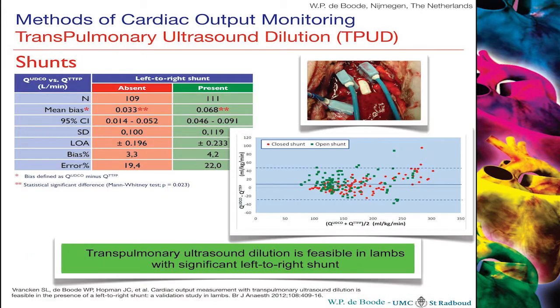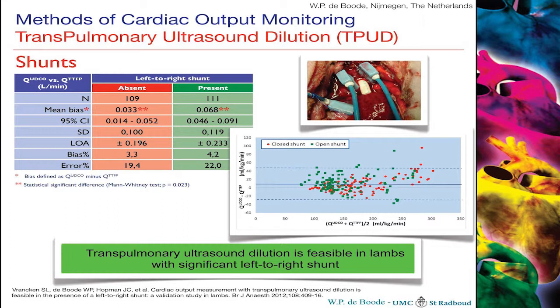But in all our patients, the preterm patients, you should take into consideration that there is a patent duct with a left to right shunt. Is this method also applicable, reliable in the presence of a shunt? So in the animal lab, we constructed an artificial ductus arteriosus with a Gore-Tex shunt between the pulmonary artery and the descending aorta, and we measured blood flow.